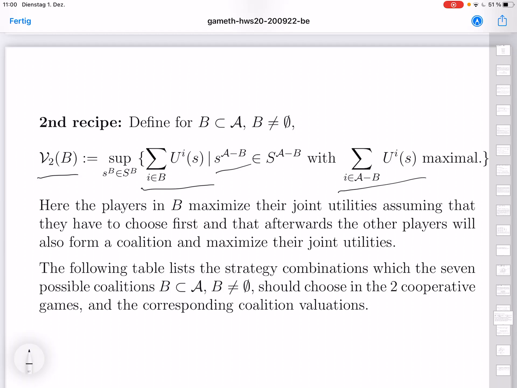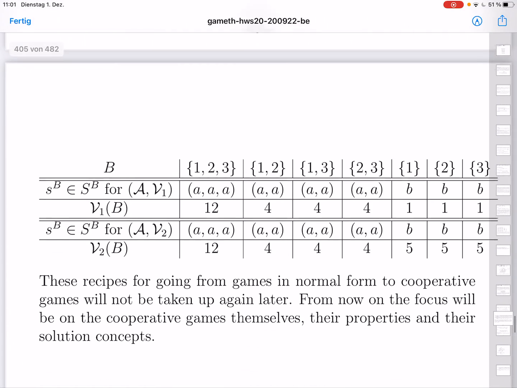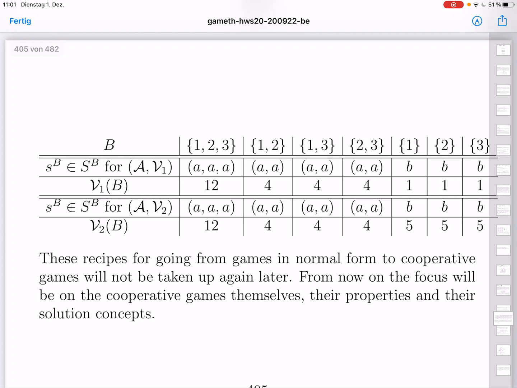So now I will present a table where you can see which strategy combinations the players in the subset B have chosen and which value they can then get from this strategy combination. The first line shows the possible 7 non-empty coalitions.